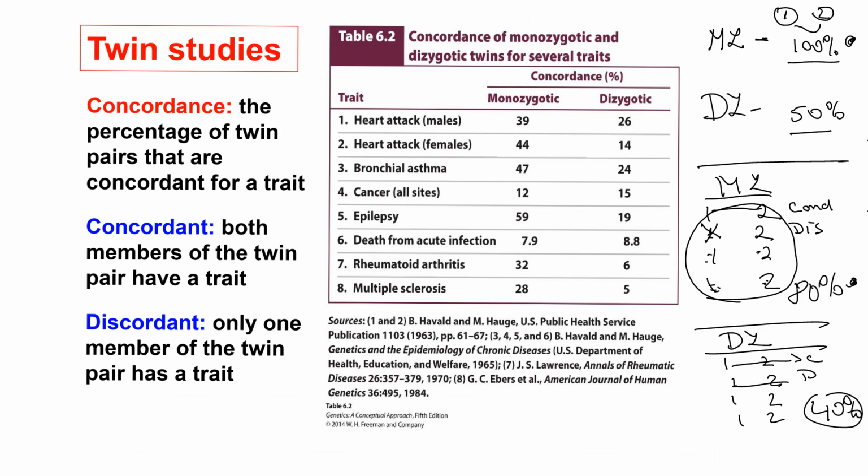Under this scenario which I've outlined here, monozygotic twins, which share 100% of genes, have 80% concordance, and dizygotic twins, which only share approximately 50% of genes, have 40% concordance, so only 40% of them manifest the disease.